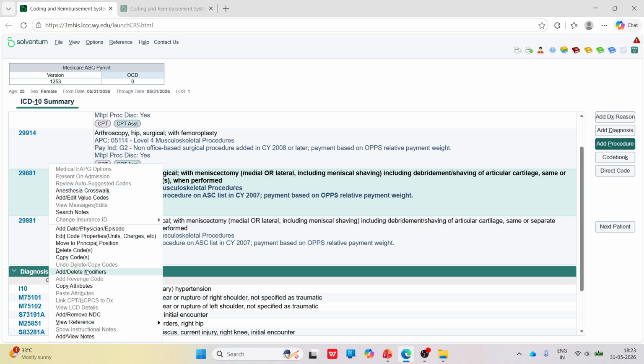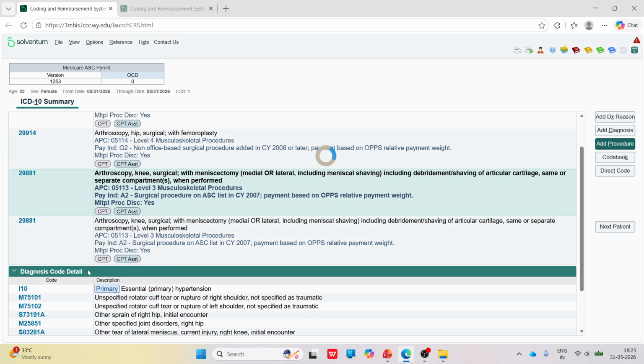So here modifier RT and LT, for the meniscectomy, right and left.